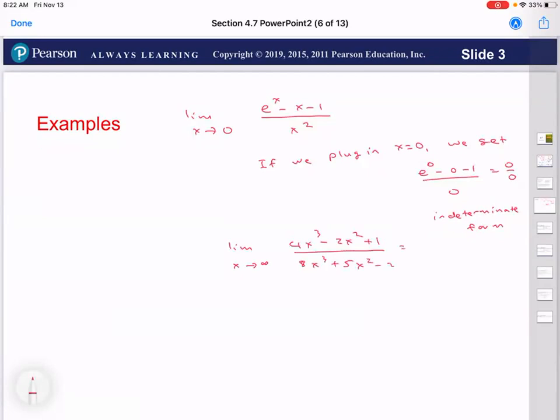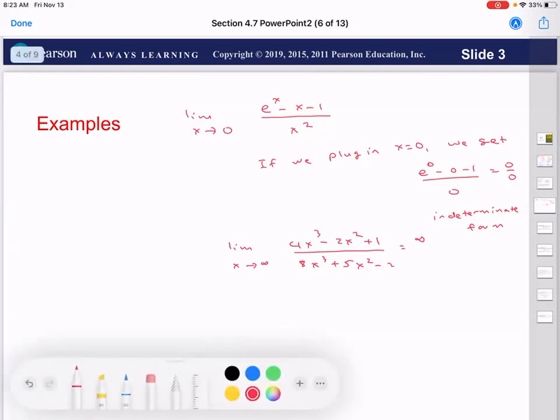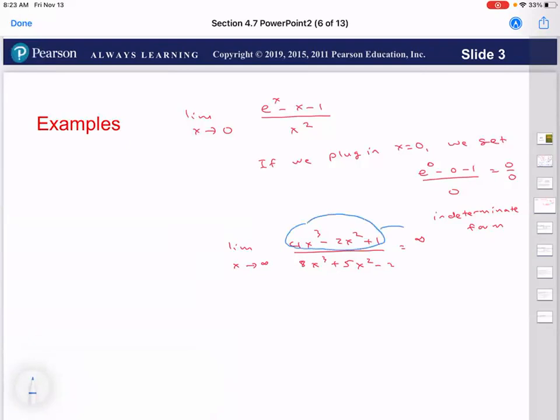Now, what does that mean? When x is getting larger and larger, what happens to the top? It gets larger and larger, even faster than x. So as x approaches infinity, the numerator also approaches infinity, and so does the denominator.